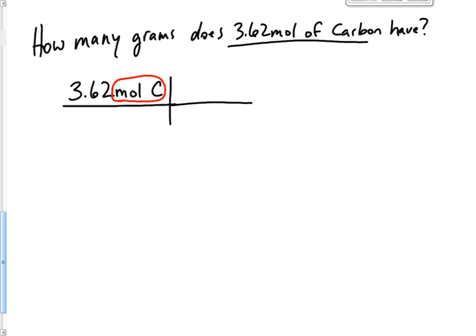All right, so 1 mole of carbon is going to be equivalent to grams of carbon. Okay, that's what we were doing in the previous steps. We were basically figuring out this conversion factor. Okay, so this number, whatever we find, that's your conversion factor.